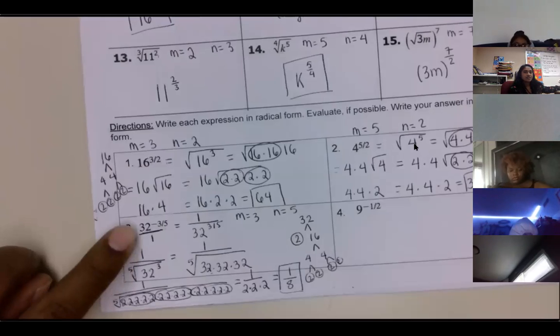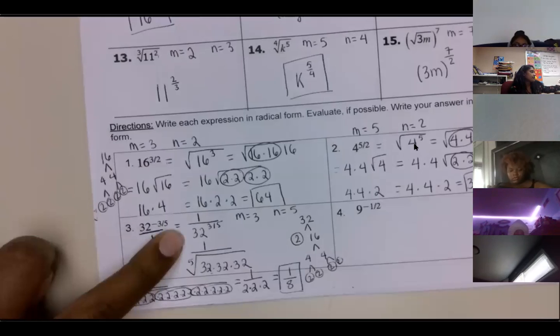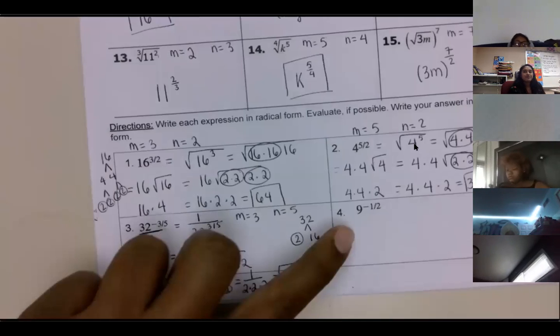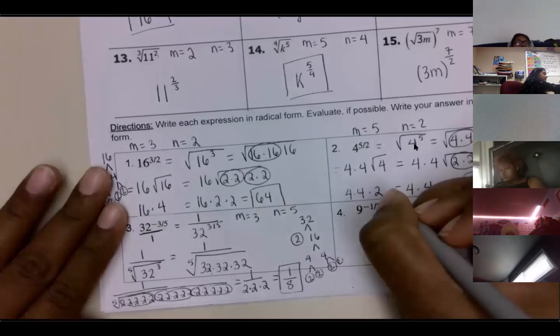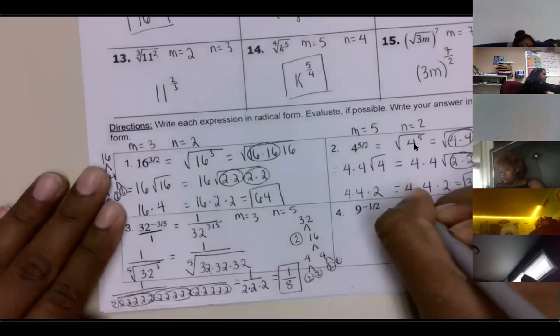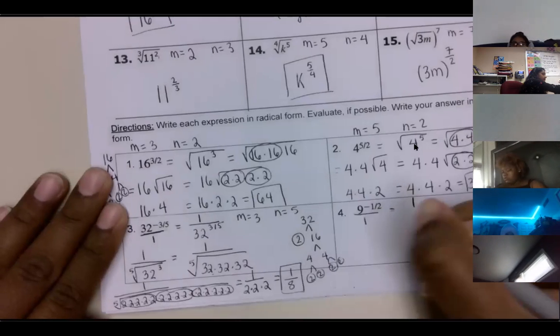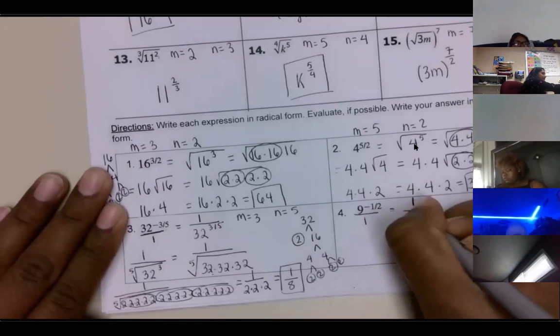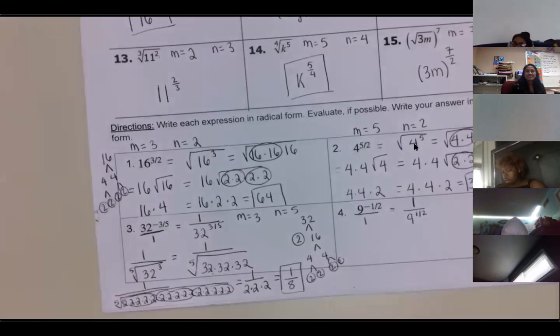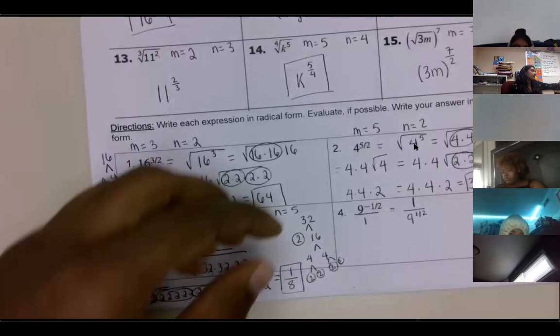Well, I had 32 to the negative 3 over 5, and then it became 1 over 32 to the positive 3 over 5. We switched it to the denominator. Yes, you got to flip it, and then what happens to the exponent? It becomes positive. Yes, great. So you got to flip it. So it was in the numerator, so now it goes to the denominator.